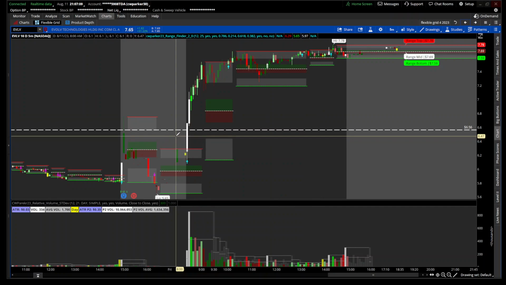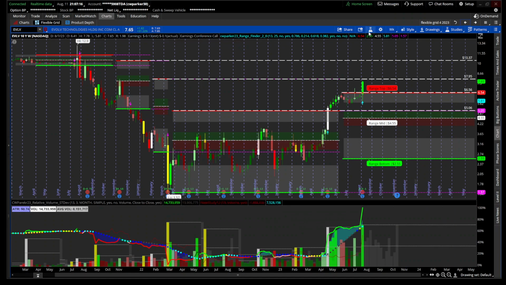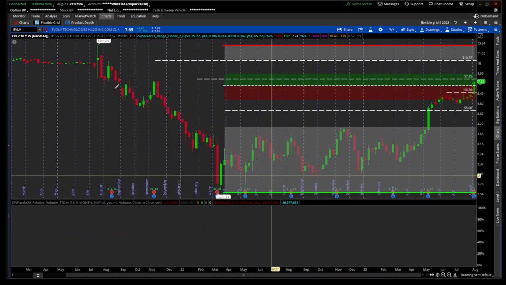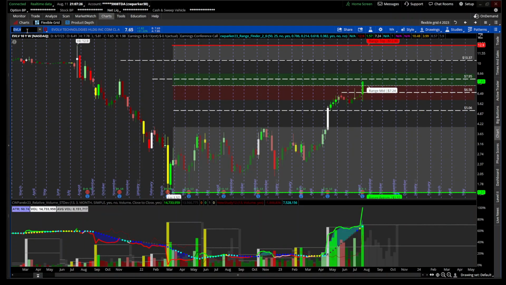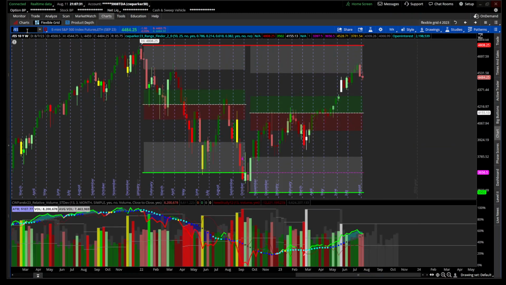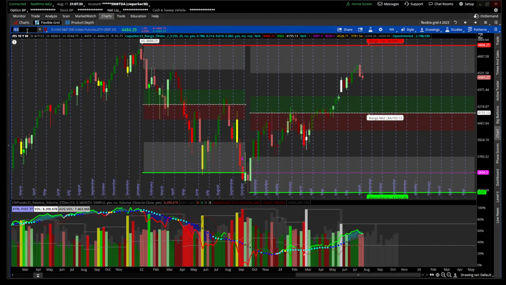I'm trying to think of the best time frames or lengths to use this on. If you're looking at the weekly, you can actually push this to 50. I'm not going to leave it on this stock because there's not enough data for the indicator to pull from, but let's go to the S&P 500.